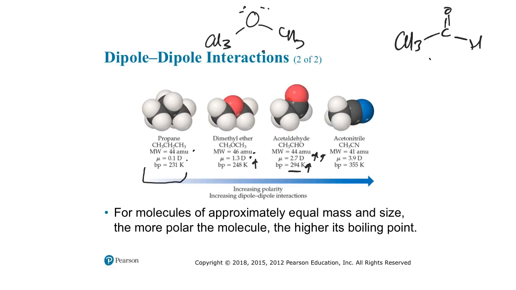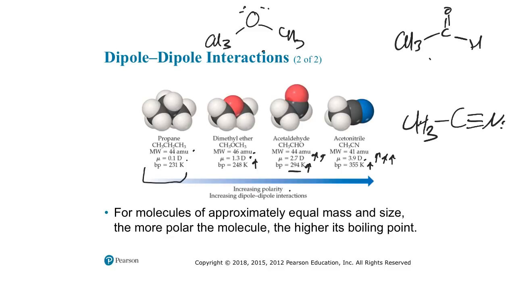You have a nitrogen atom that is triple bonded, and you have an even greater dipole moment. Again, given that it's a provided piece of information that the dipole moment is greater for acetonitrile, it has an even higher boiling point. So boiling point increases with increasing polarity when we're comparing molecules of similar size.